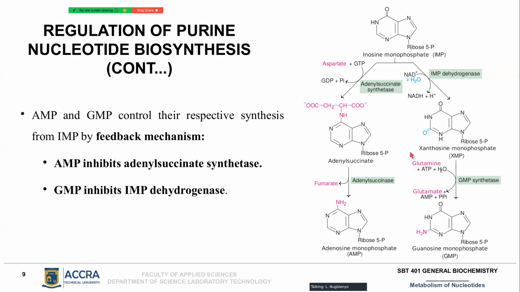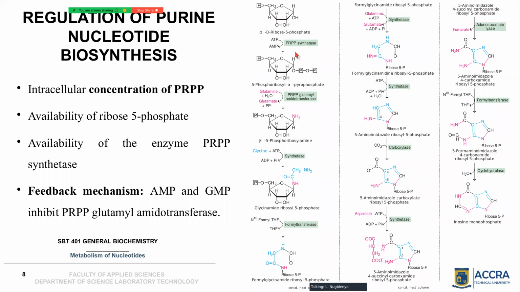So you see, it is either you have these final products, adenosine monophosphate and guanosine monophosphate, inhibiting these first enzymes in the conversion of inosine monophosphate, or back here, you see them inhibiting the enzyme in the second reaction, in the reaction path to the formation of inosine monophosphate, which means that the production of inosine monophosphate itself is going to be reduced.